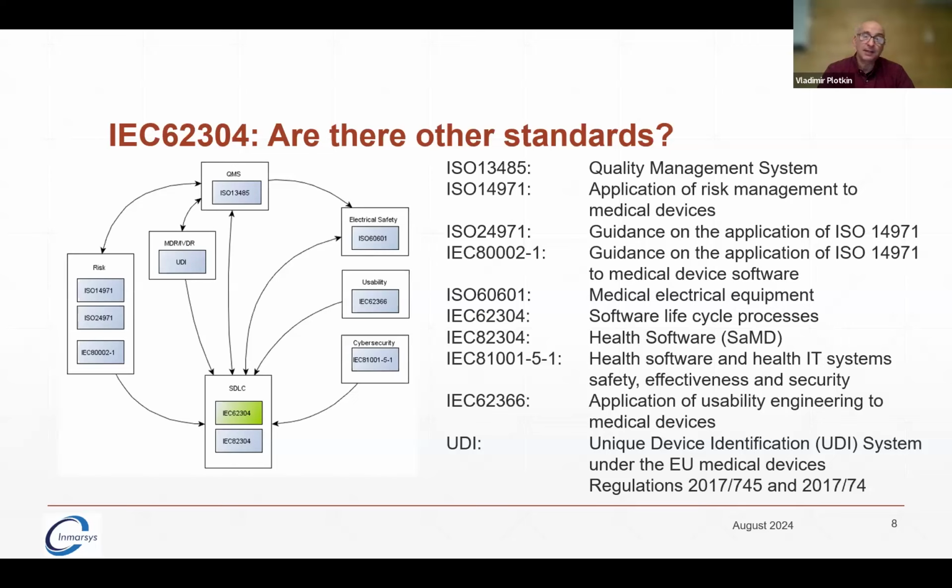So it basically tells you how to read and follow 14971, because you need two other standards explaining how to do it. On the electrical side, you have 60601, and there's also 61010, depending on the applicability of your device, whether it's a lab device, or whether it's IVD or MD.